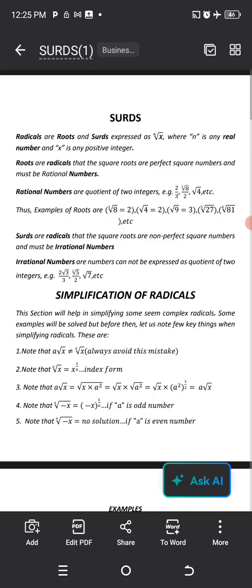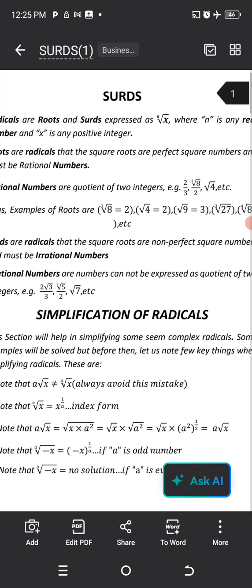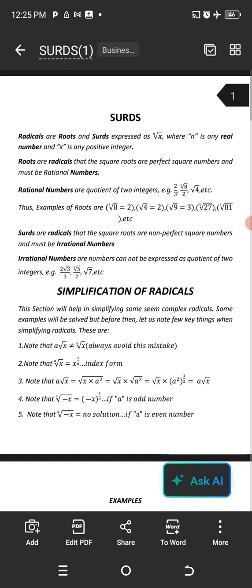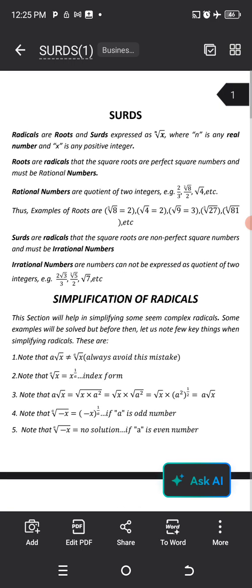As we solve some questions, we will understand what I'm trying to say. x can be positive or negative, but most of the time when x is a negative integer for a root where n is positive, there will be no solution. We will soon get there.